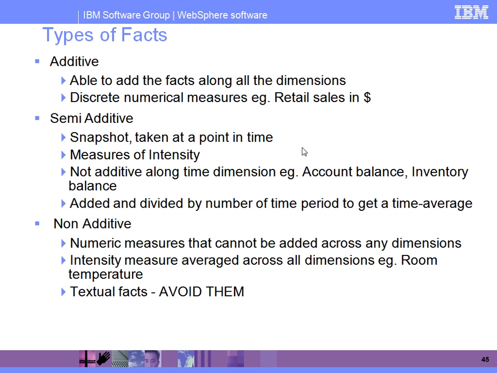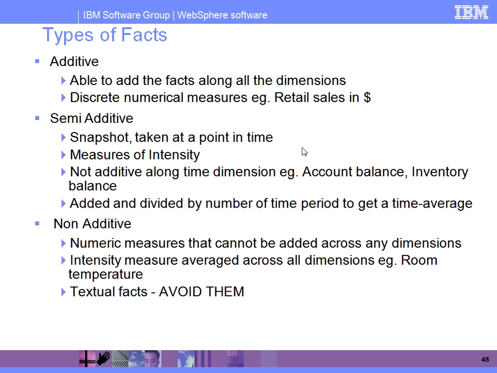When can we call a fact an additive fact? At what situation can we call a fact an additive fact? What is the meaning of additive fact first? We have some numerical value in our business. If I am able to use that numerical value across all the dimension tables in our schema, I have some numerical value identified in the fact table. I want to add that numerical value in my fact table, and with that numerical value, I can connect to any of the dimension tables.